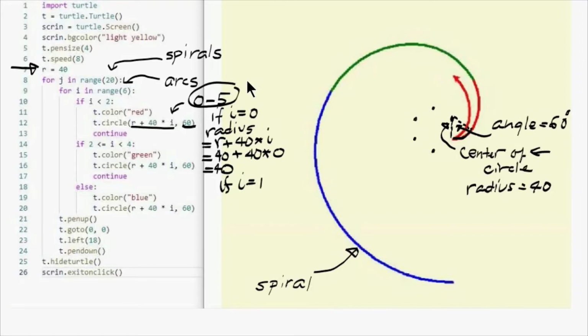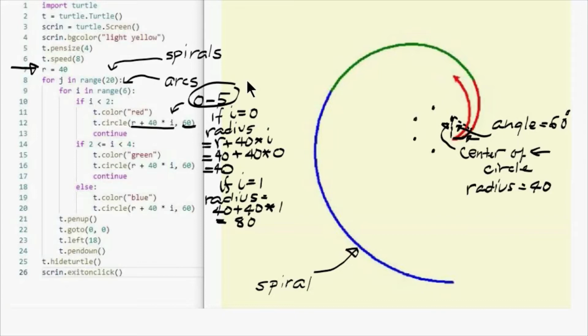If i is equal to 1, then our radius is equal to 40 plus 40 times 1, and that is equal to 80. So for the second arc after this first one, we'll have a circle with radius 80.